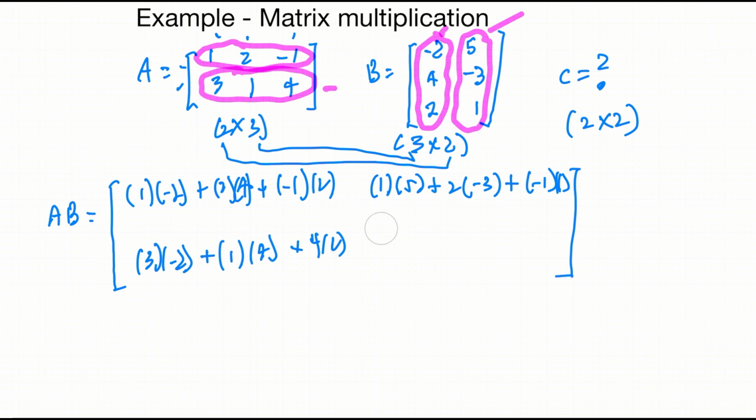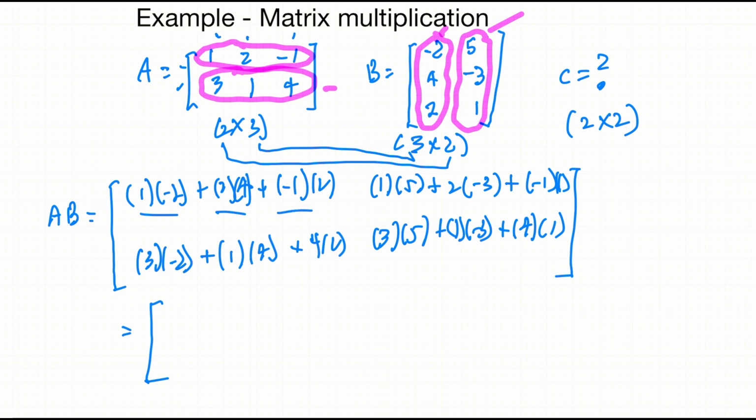So that's going to be 3 times 5 plus 1 times minus 3 plus 4 times 1. Now if we do the math on this, right here we've got minus 2, 8, and minus 2 again. So that's just going to be equal to 4.